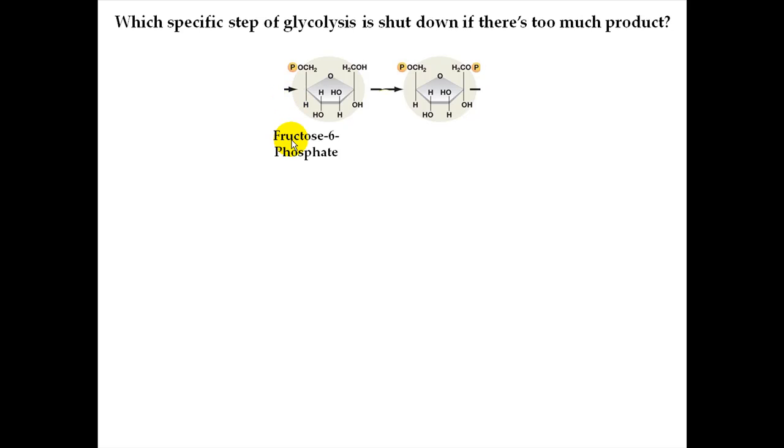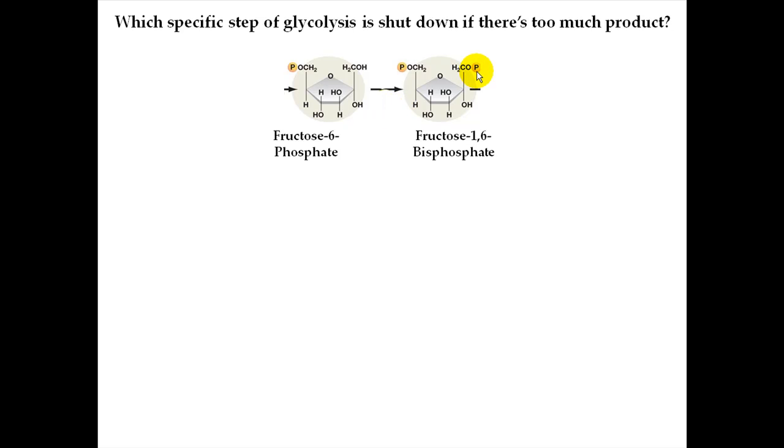This molecule is also a fructose, but it has two phosphates on it, so it's called fructose 1,6-bisphosphate. Here, bis means two because it has two phosphate groups. The numbers 1,6 tell you where those phosphate groups are attached: to the first carbon and to the sixth carbon in the molecule.